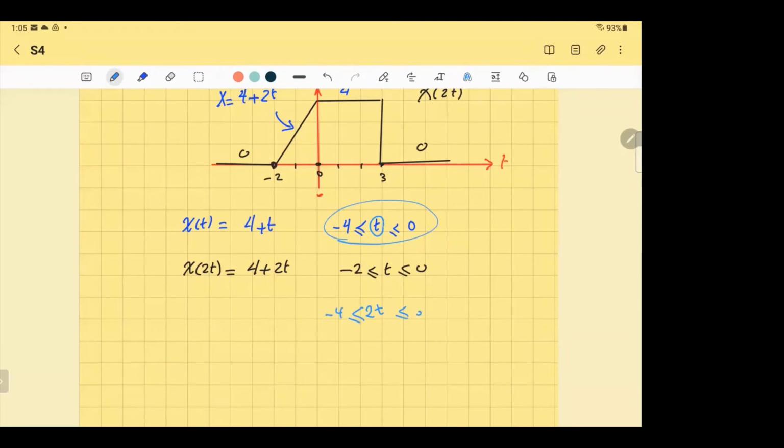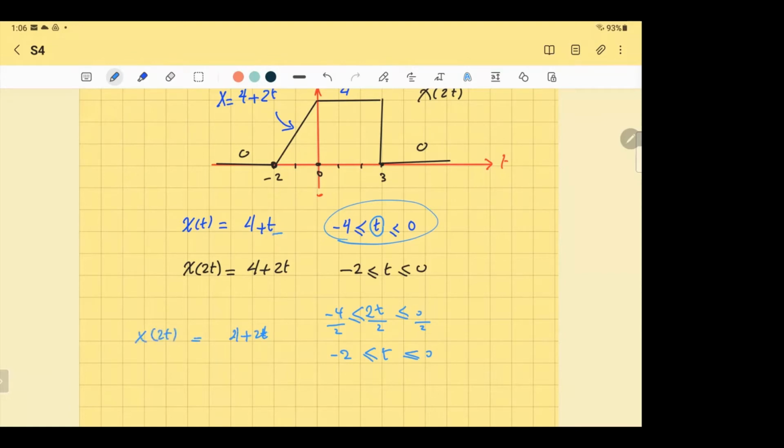Find t, divide everything by 2. What do you get? t greater than -2 and less than 0. So the secret is, you replace every t by 2t and see what's happening. Replace t by 2t, what do you get? You get 4 plus 2t. And that's your x of 2t.